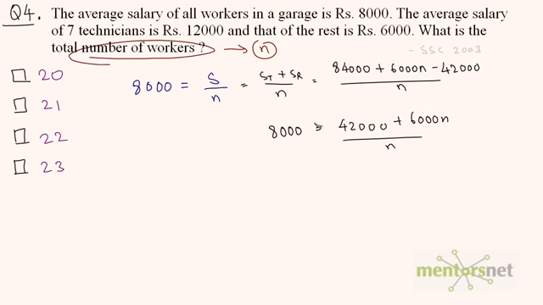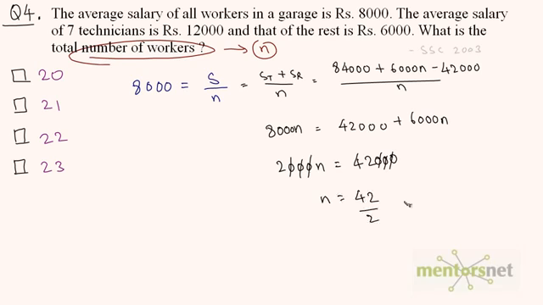So n goes here, so this becomes 8,000 n. Now 8,000 n minus 6,000 n gives you 2,000 n equals 42,000, and these zeros get cancelled out. n is equal to 42 by 2, which is equal to 21. So the number of workers is 21.